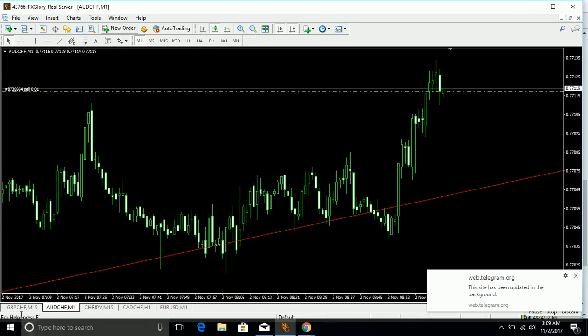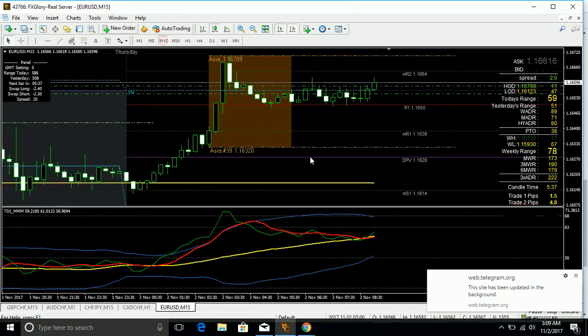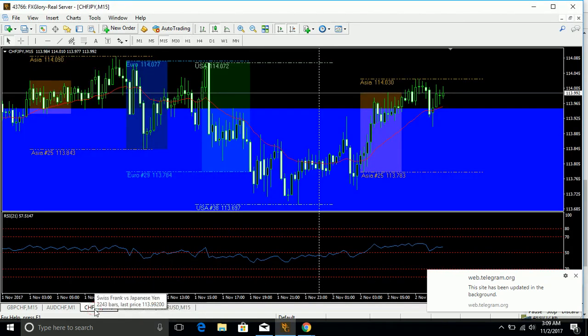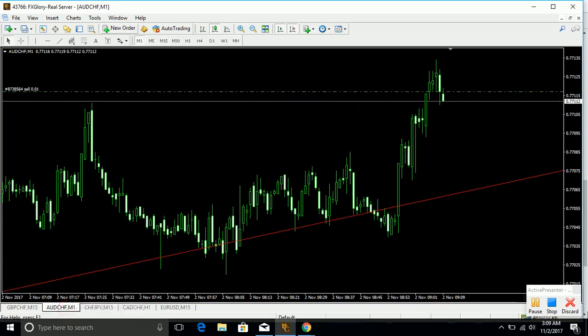Alright, let's check on our pound CHF. Looking good. USD was still above the water. Okay, CHF, didn't trade that. CHF, JPY, there we go. And here's the Aussie CHF.